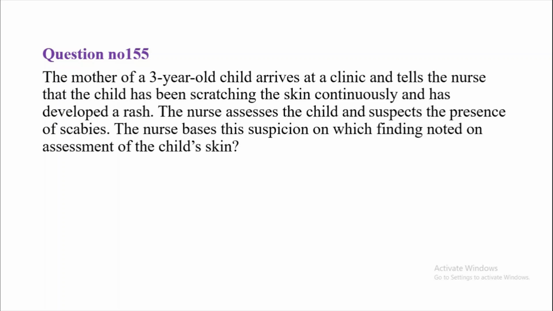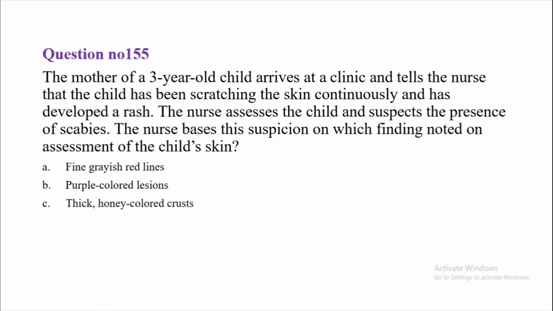The nurse bases this suspicion on which finding noted on assessment of the child's skin? The options are: A, fine grayish red line; B, purple colored lesions; C, thick honey colored crust; D, clusters of fluid filled vesicles.